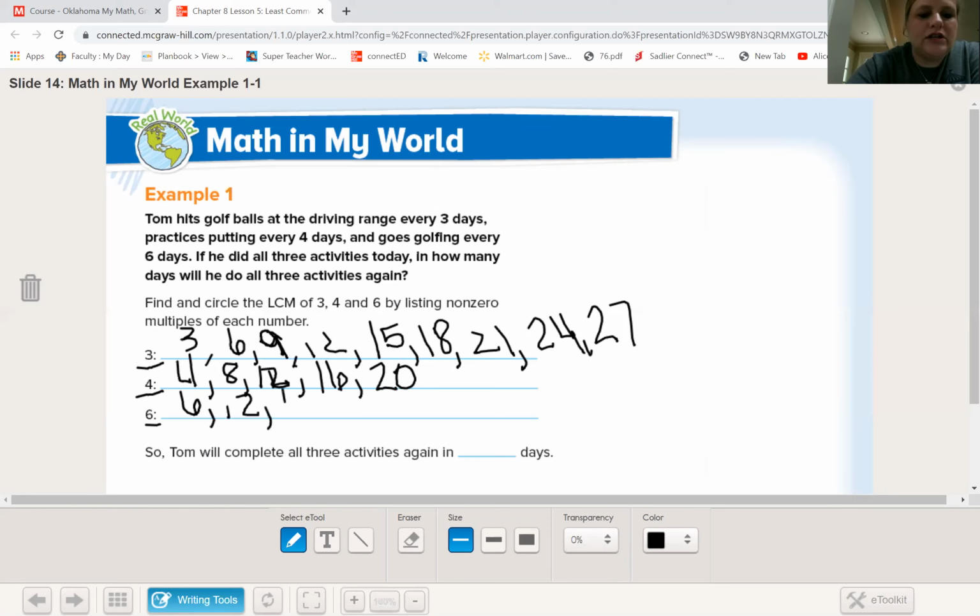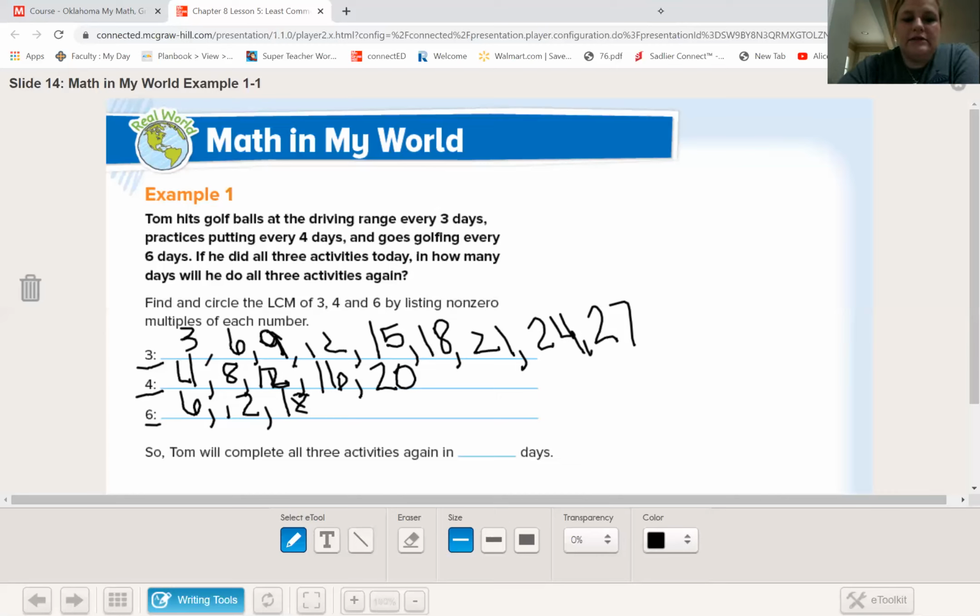You might notice, if you have your multiplication chart in front of you and you look at 3 over on the side and follow along, these are the numbers in the row: 3, 6, 9, 12, 15, 18.